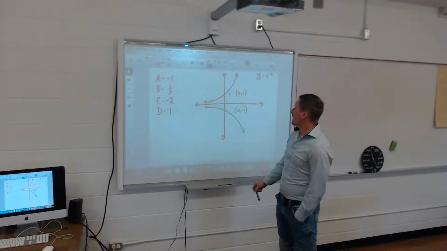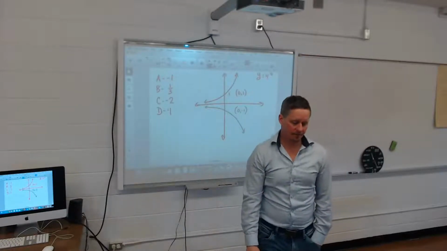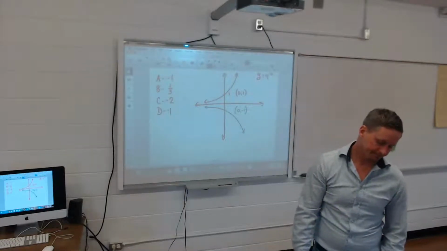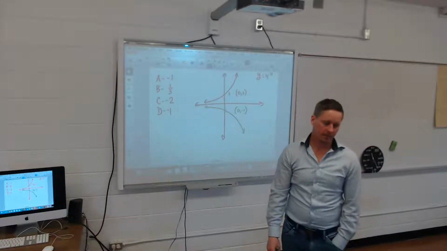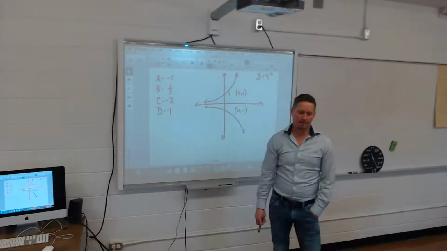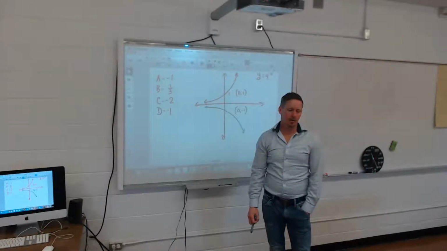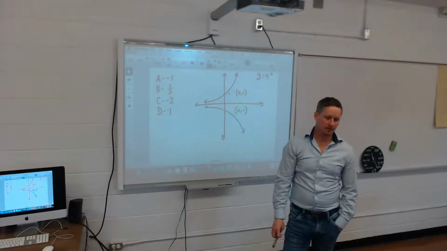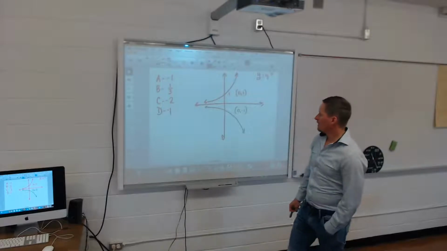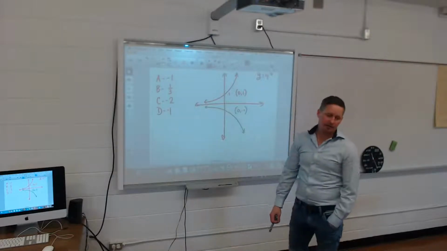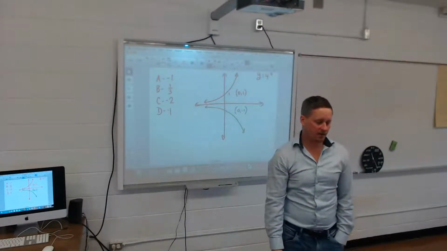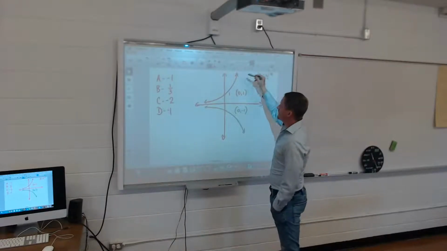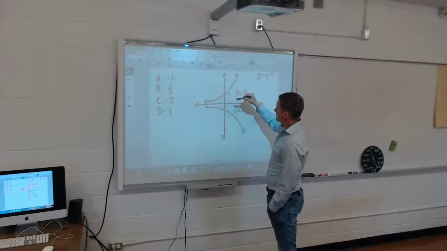Okay. Now, what does my B do to the graph? Multiplies x values by 1/b. Yeah. So what's 1/b in this case? 3. That's right. So I would multiply all my x values by 3. Well, let's be honest, it's not going to affect you a whole pile. It may look a little bit steeper. Which way would it go?